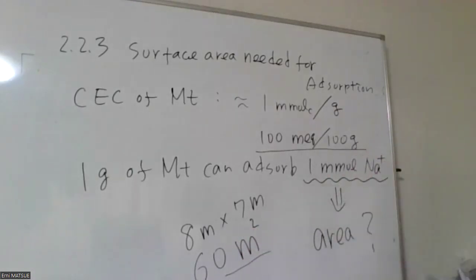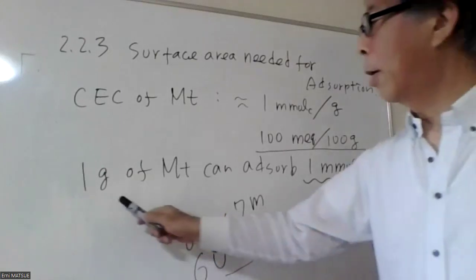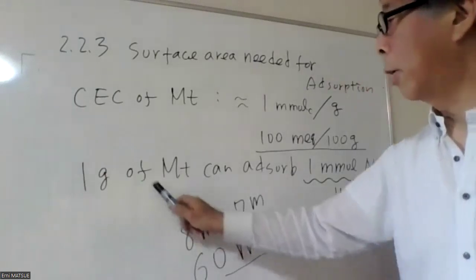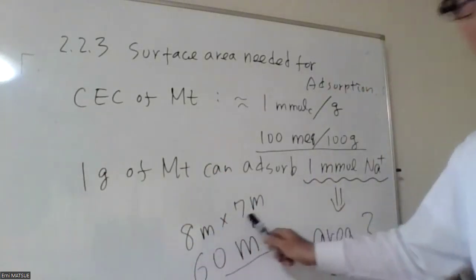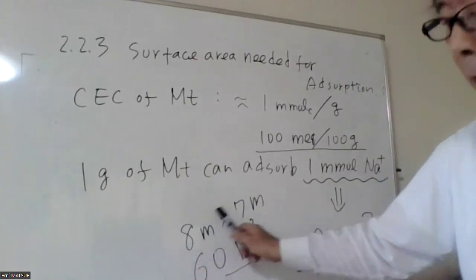Very large area. 1 gram of montmorillonite can absorb more than 60 square meters. Very large.